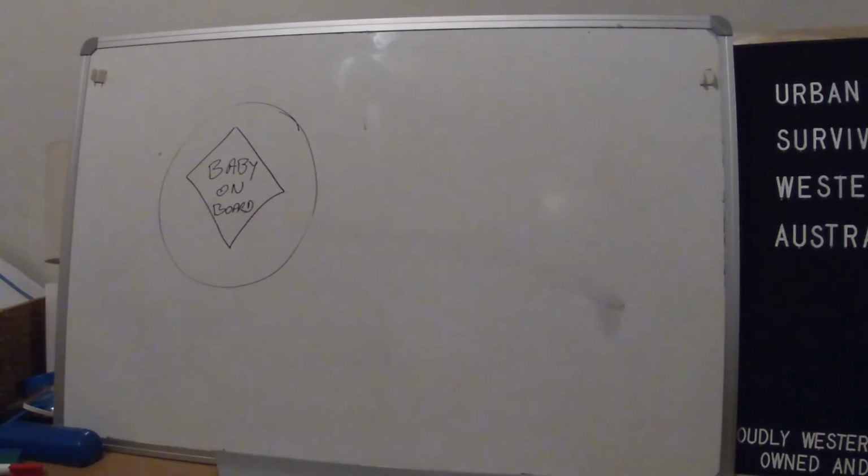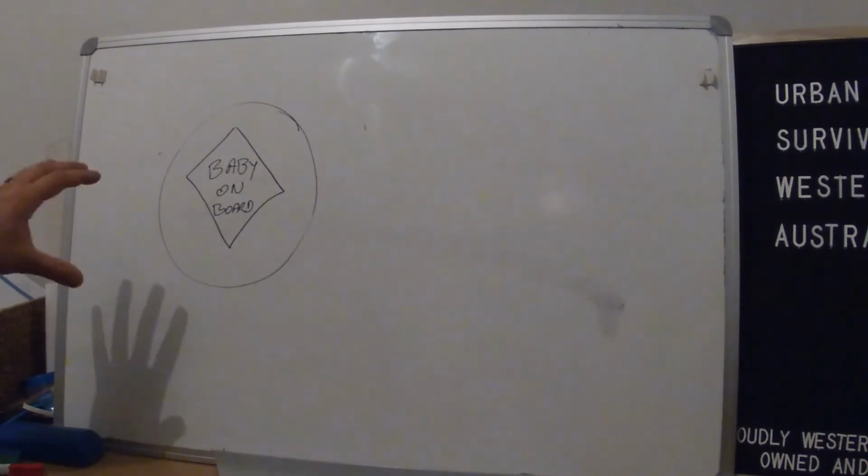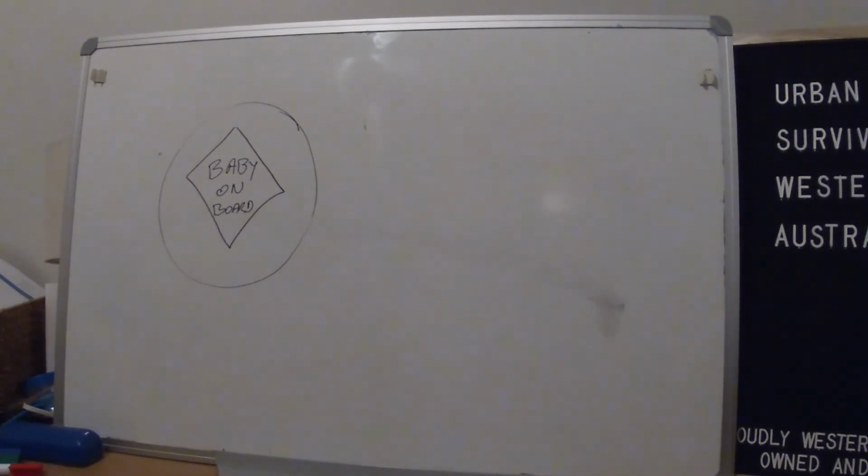People don't realise the baby on board sign is not to tell other drivers that there's a baby on board. It's designed to tell emergency services, if you're involved in an accident, that there's a baby inside that vehicle.